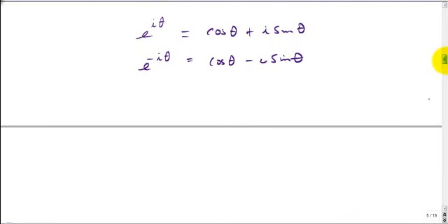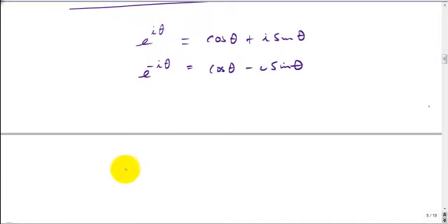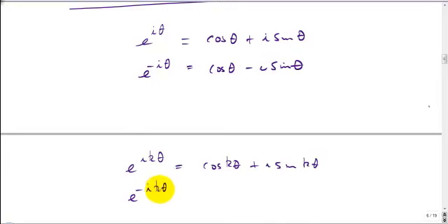So you can also multiply this theta by a constant. So in a more general form, you can show that e to the i k theta, where k is a constant of some number, is equal to cosine of k theta plus i sine of k theta, or e to the minus i k theta is equal to cosine k theta minus i sine k theta.